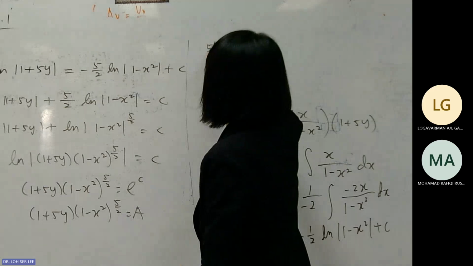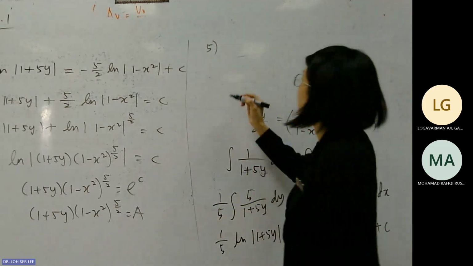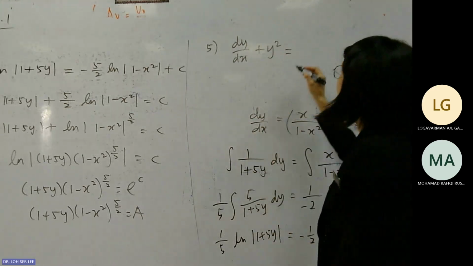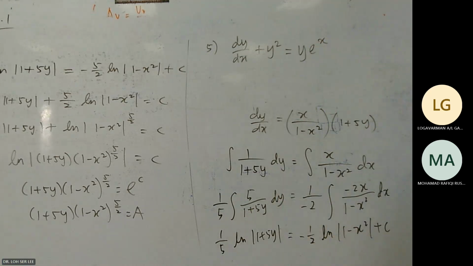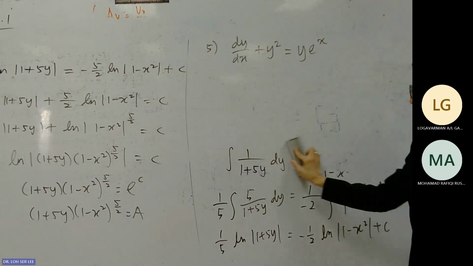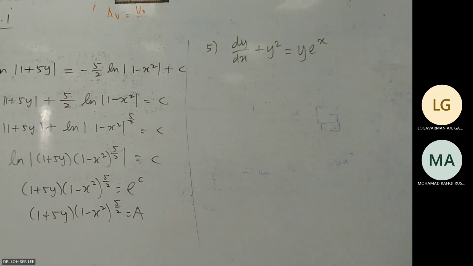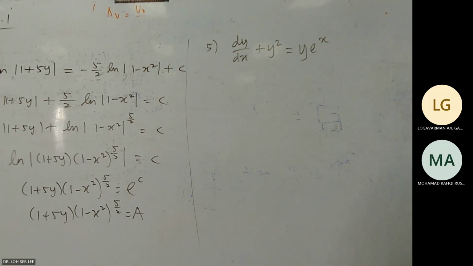Okay, now we look at the next one, dy/dx plus y squared equals y e^x. Okay, number 5.